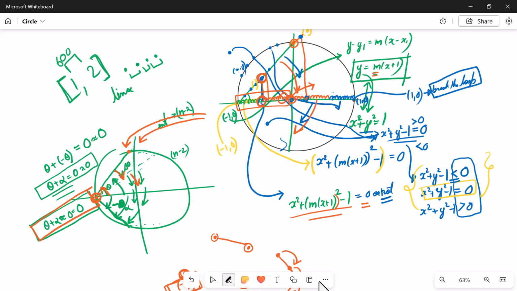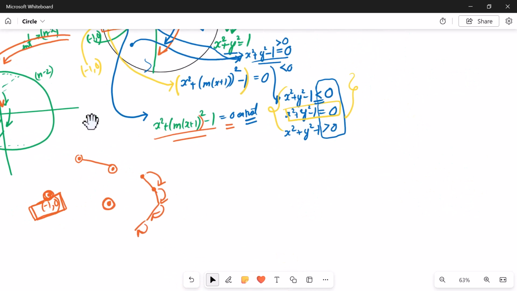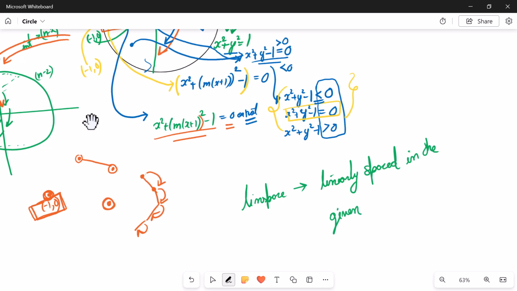So the literal meaning of what NumPy's linspace function does is, it gives you linearly spaced values in the given interval of start comma stop, closed on both sides.